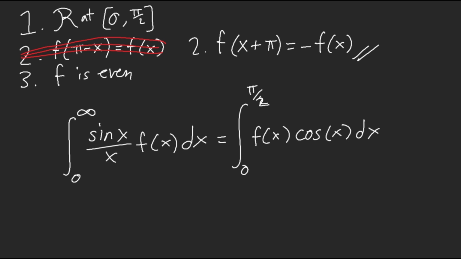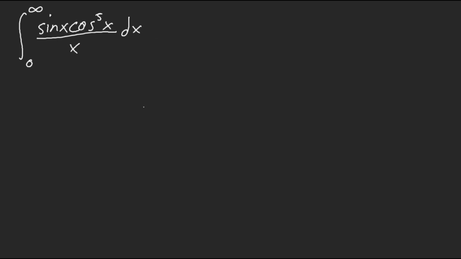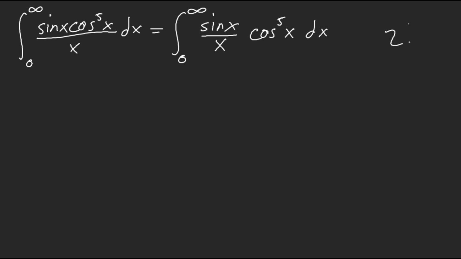Now let's go ahead and apply this. We have this integral here. How do we do Lobachevsky? We already see that we have sine of x over x, and cosine to the power of 5 dx. But it doesn't satisfy the property that f of pi minus x equals f of x.